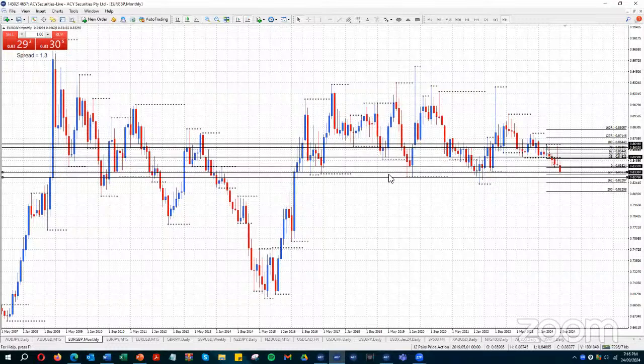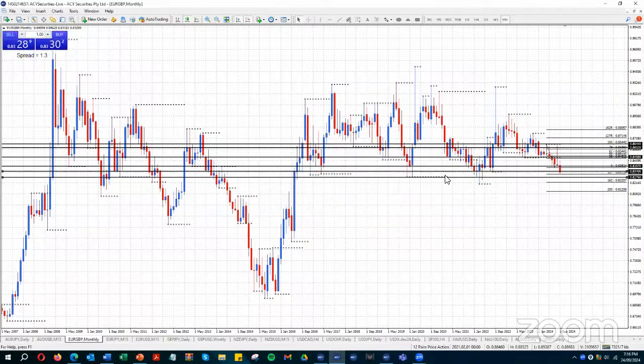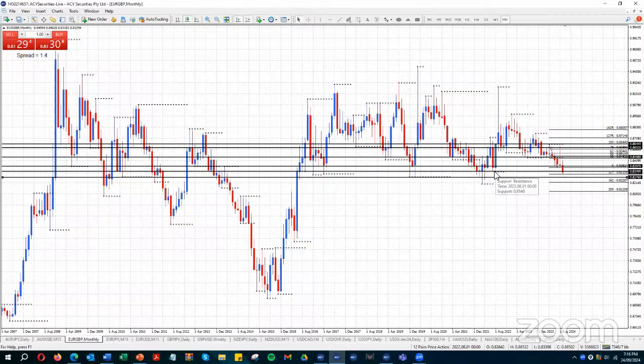Level 83. All right, so on the monthly chart, we're just below the 83.40 level.